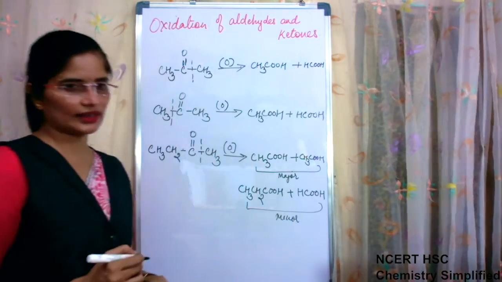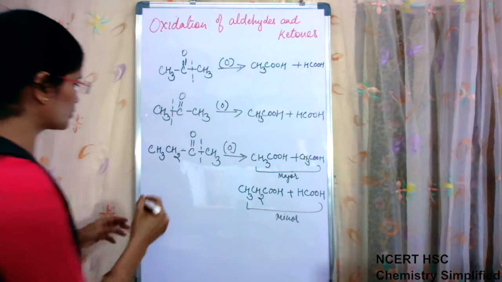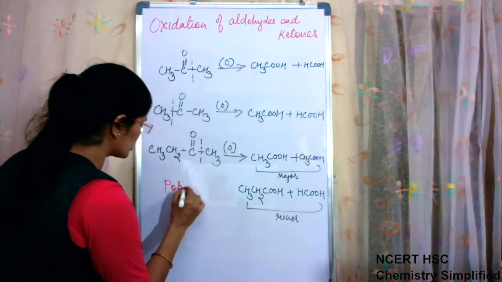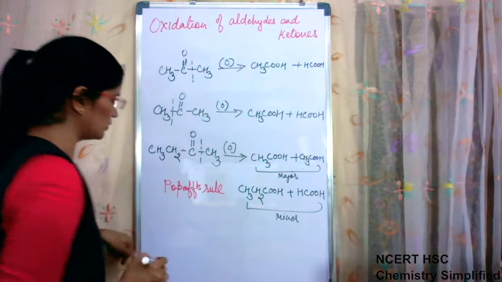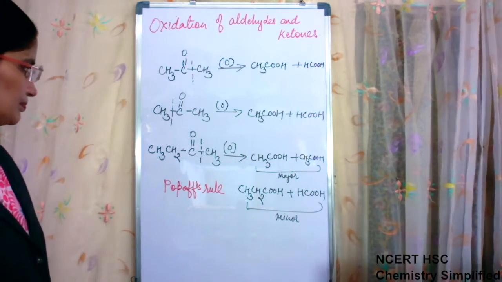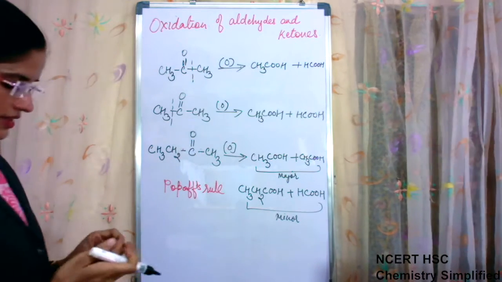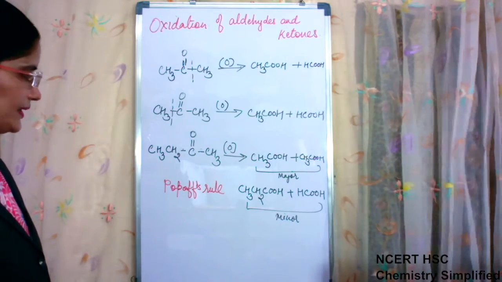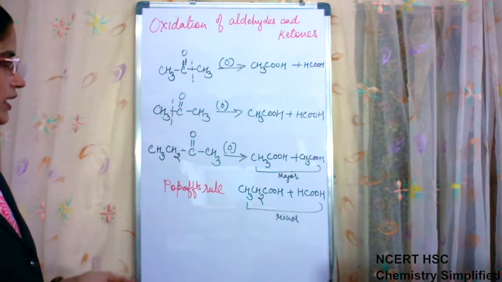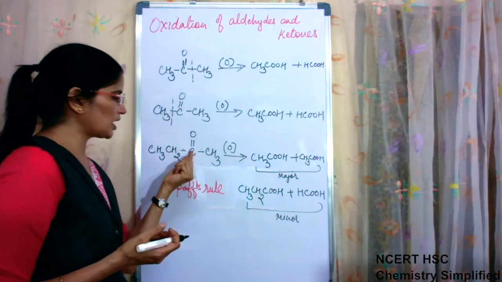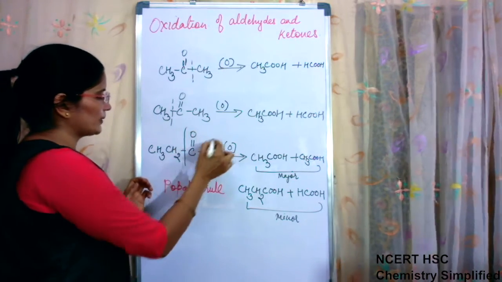How did we decide which one is minor and which one is major? To decide this, there is a rule known as Popoff's rule. The rule says that whenever ketones are oxidized and the bond has to be cleaved, the preference is always given to the cleavage of the bond in such a manner that the carbonyl carbon and oxygen go with the smaller chain.